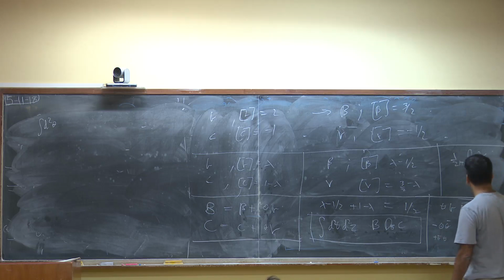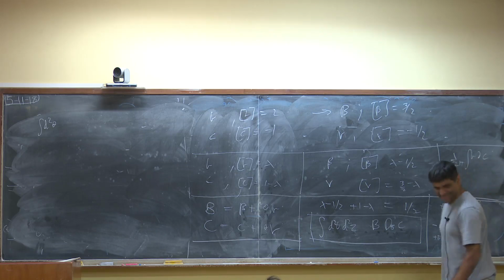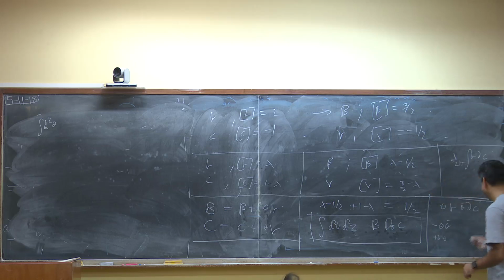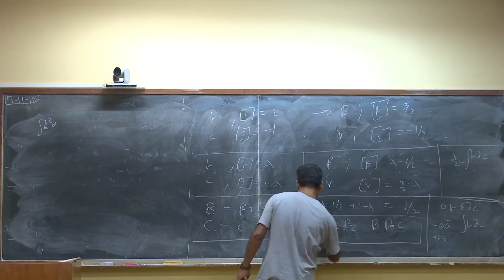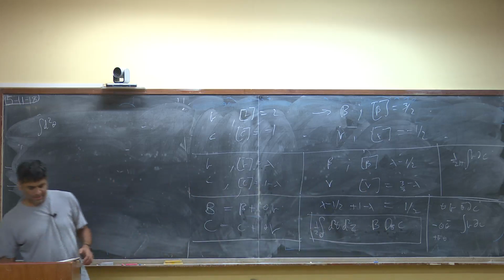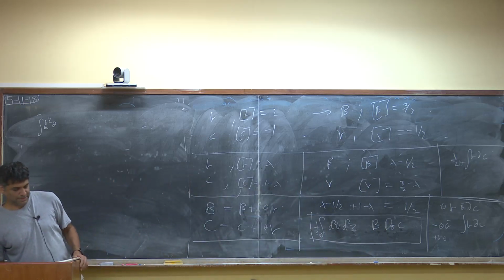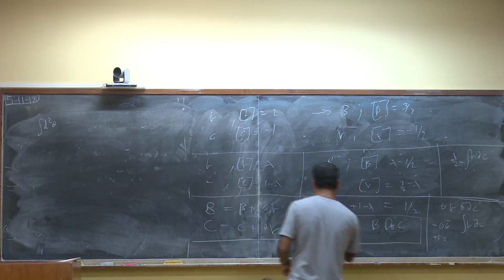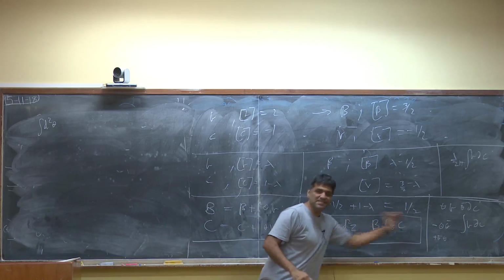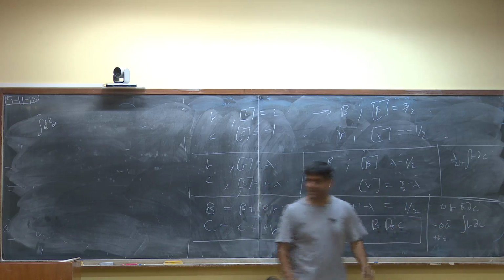That's what we decided last time. With the appropriate convention, it's B del C, so 1 by 2 pi. I'll just match with Polchinski's conventions. So 1 by 2 pi. This gives you this part of the action for B and C.